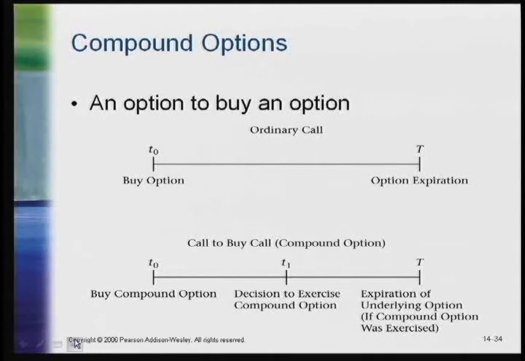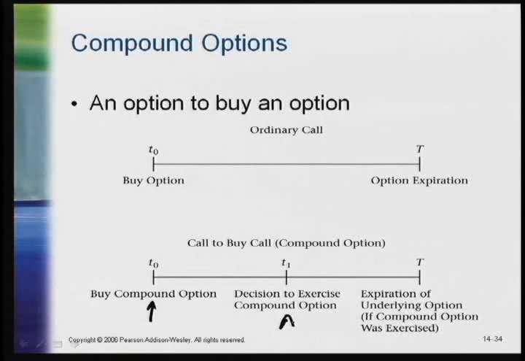If we look at the timeline of this activity, we have a trade date T0, and then an exercise date where we decide: do we want to buy or sell the option we have the right to buy or sell? Remember, it's an option on an option.